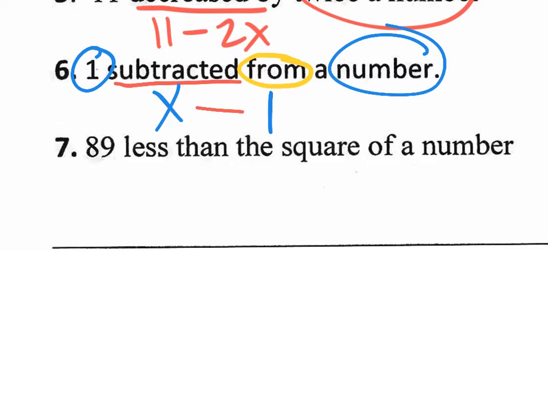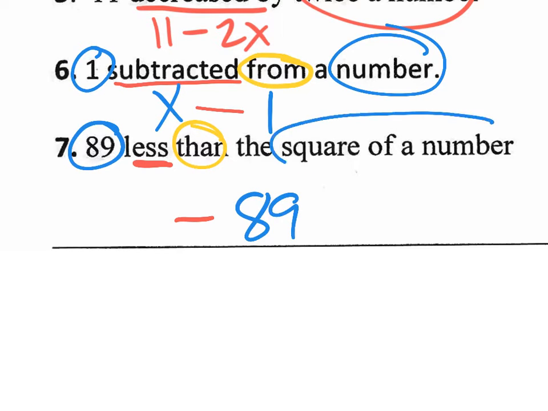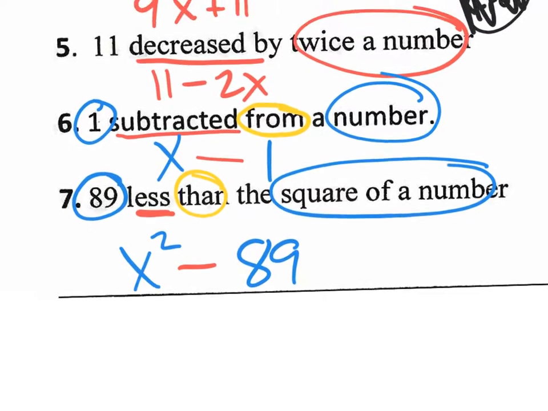Now, number 7, 89 less than. Well, less means subtract. Than implies a switch in order. And yeah, we are dealing with the 89, which is going to get placed at the back. And we're dealing with the square of a number, which is going to get placed at the front. I hope we understand that.